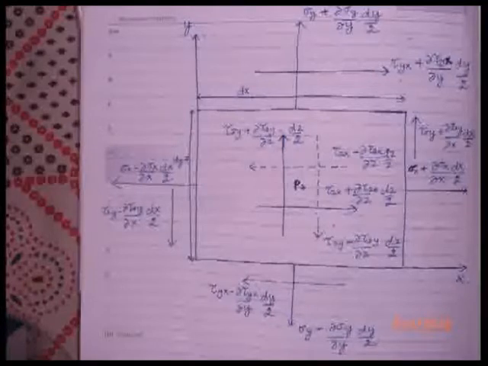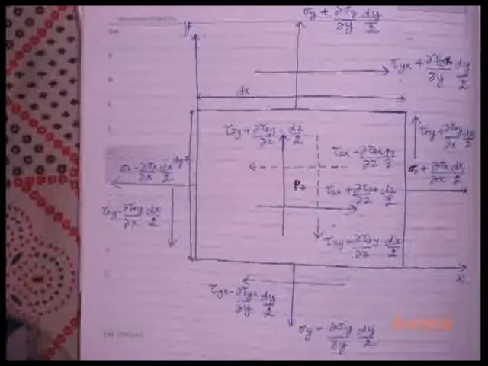Now we can use series expansion, for example Taylor's expansion, and we can reach the conclusion, as you can see in the diagram, that if the normal stress in the x direction is sigma xx at the point P, then on the plane having the x direction as its normal, situated at a distance dx by 2 from P, by using Taylor's expansion we can give the stress as sigma x plus the partial derivative of sigma x multiplied by the distance it moves, that is dx by 2.